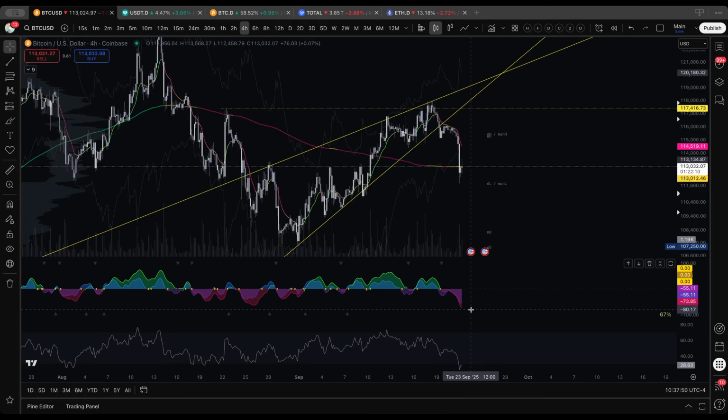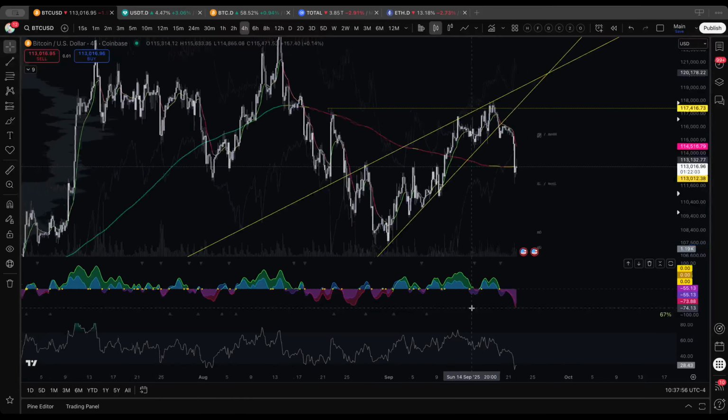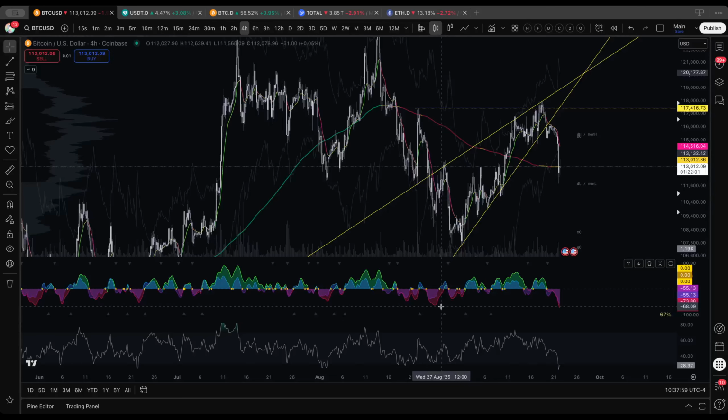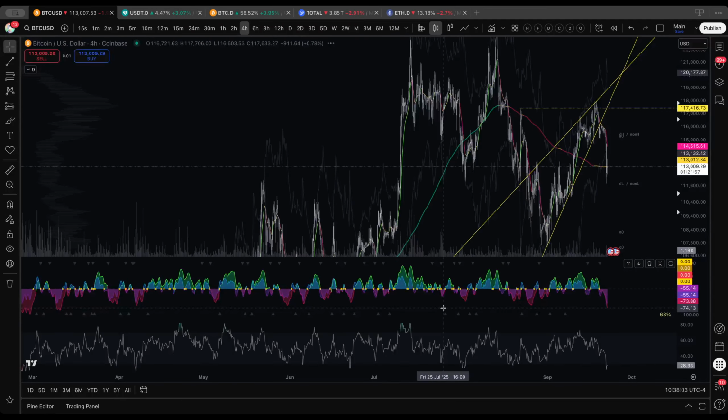So now we're at around negative 74 on money flow, which is stronger than here, it's actually a new low since April. So it just shows this is a pretty big bearish move, and it would be very surprising to see it V-shape back up here.